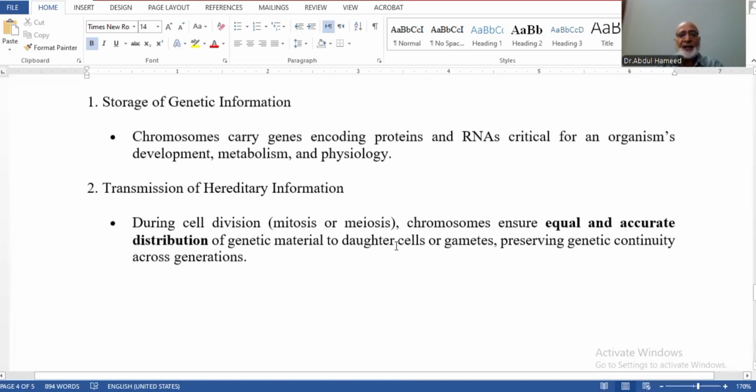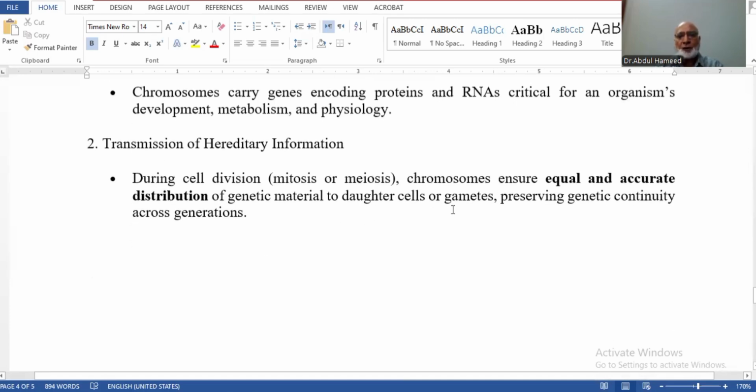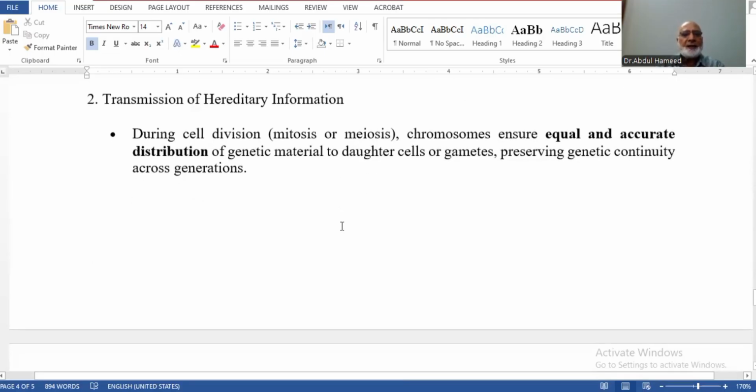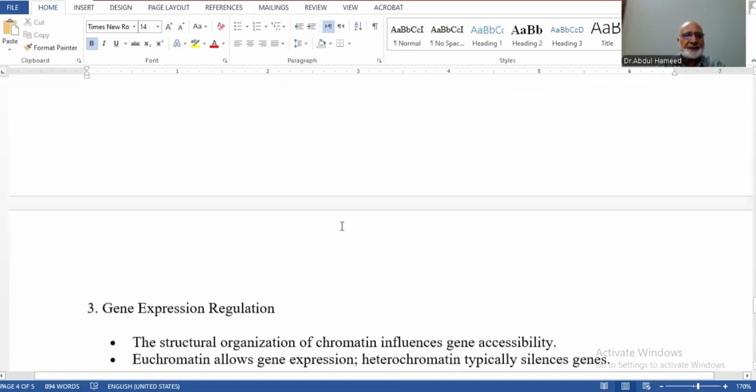To carry genetic information is one thing, and to transmit it to other cells is another important task. During cell division, mitosis or meiosis, chromosomes ensure equal and accurate distribution of genetic material to daughter cells, which may be gametes or somatic cells, and this preserves genetic continuity across generations if the cells under consideration are gametes.